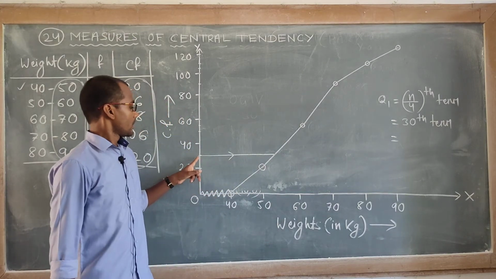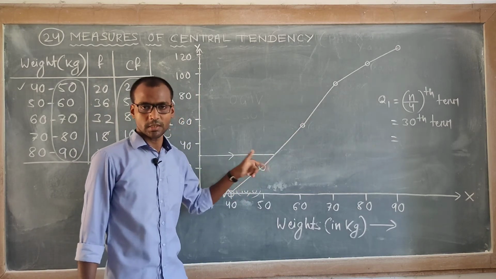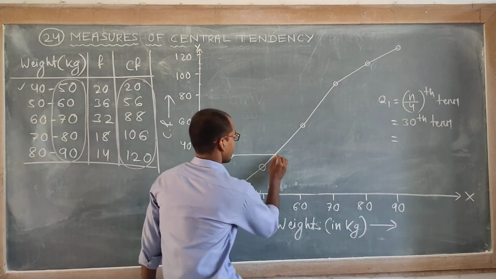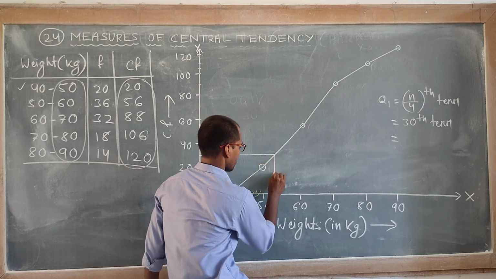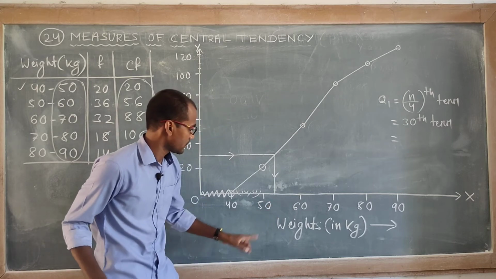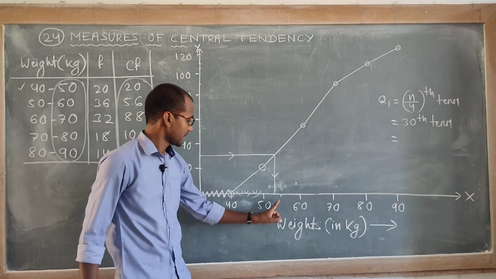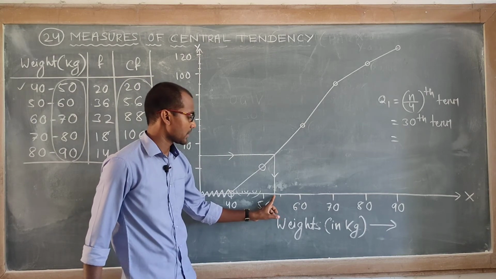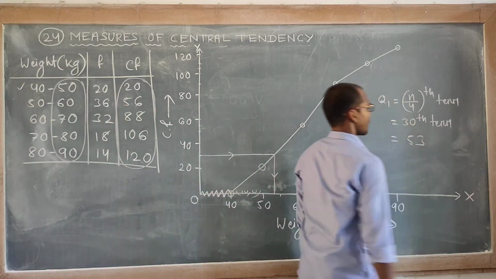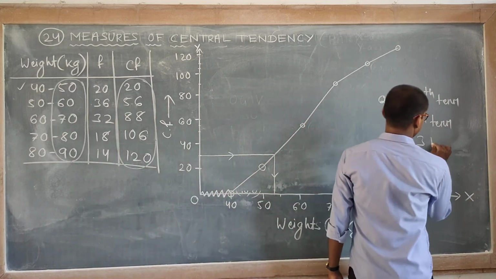From this point 30, draw a horizontal line to meet the graph. Then from the point where it meets the graph, draw a perpendicular on the x-axis. Now what is the value here? This is 50, this is 60, so this must be 55, so I think this is 53. Okay, so the 30th term approximate value is 53 kg.